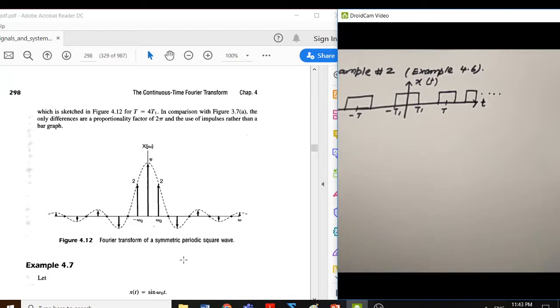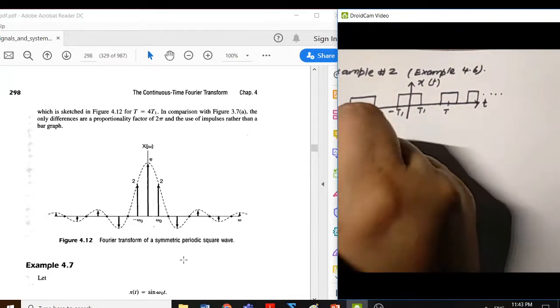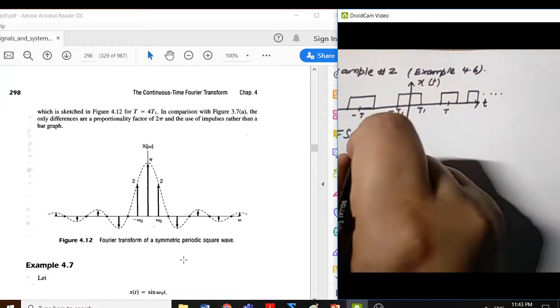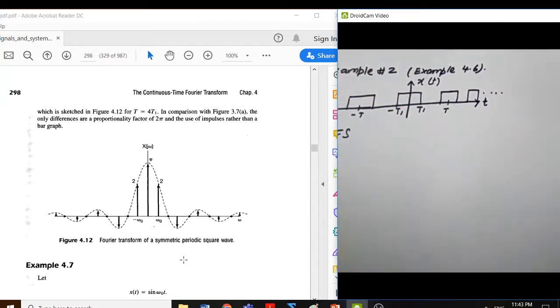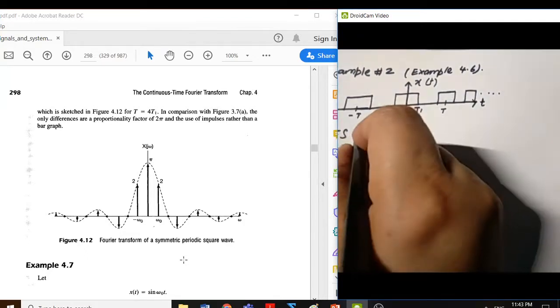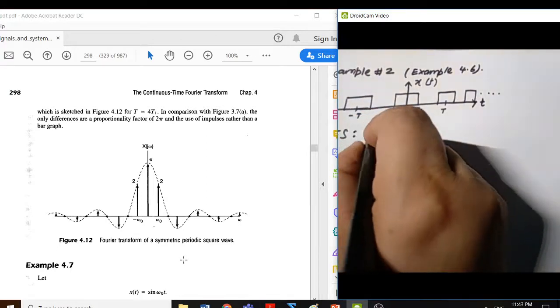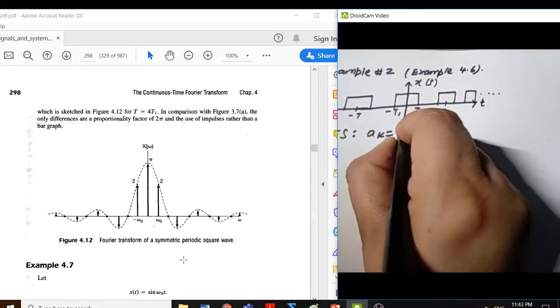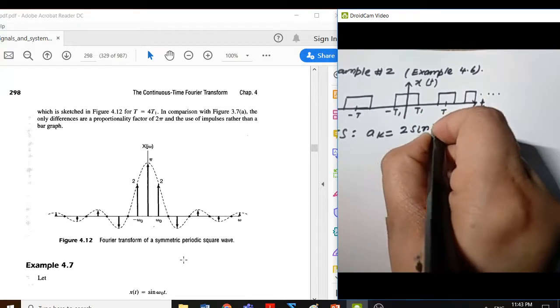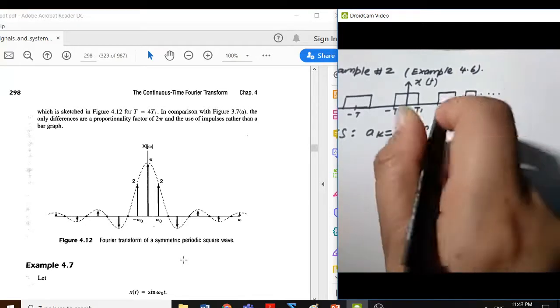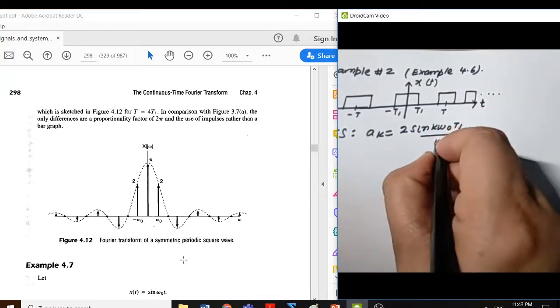So the Fourier series of this rectangular wave, which you have solved, comes out to be a_k is equal to 2 sine(k omega naught t1) by k omega naught t.